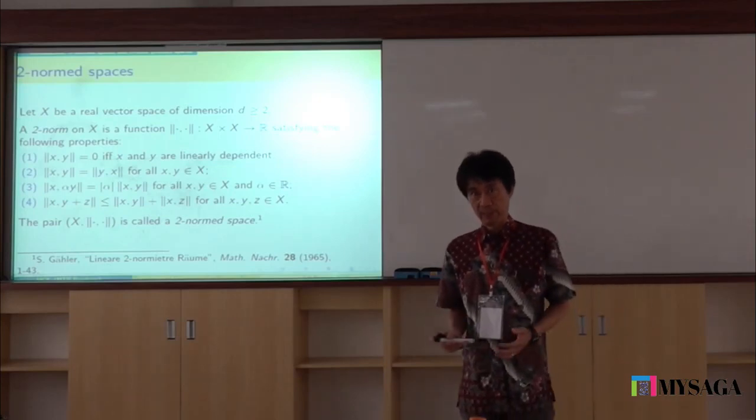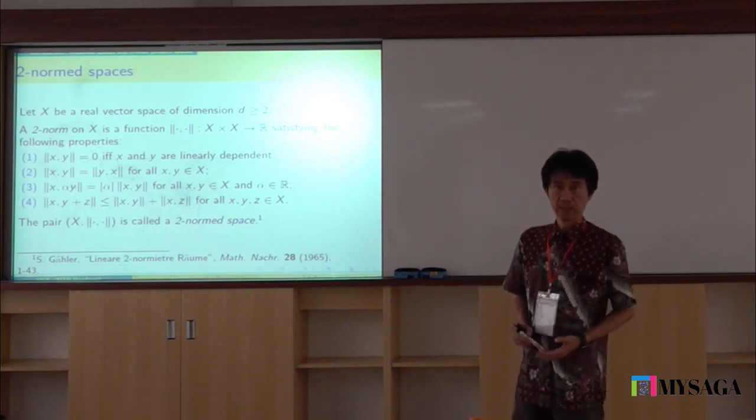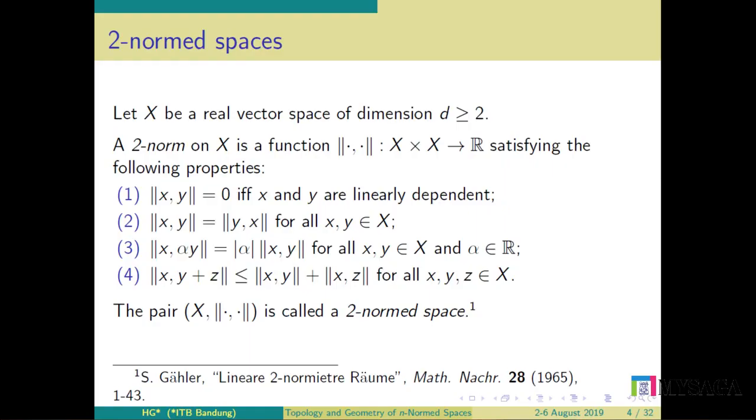So the dimension should be at least 2. A 2-norm on X here is a function of 2 vectors, so it's on X cross X, satisfying the following 4 properties.